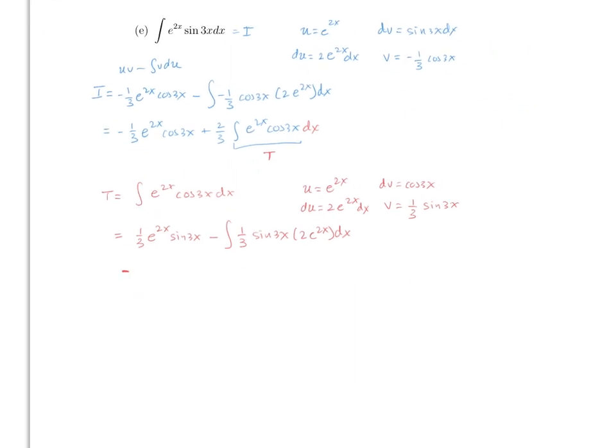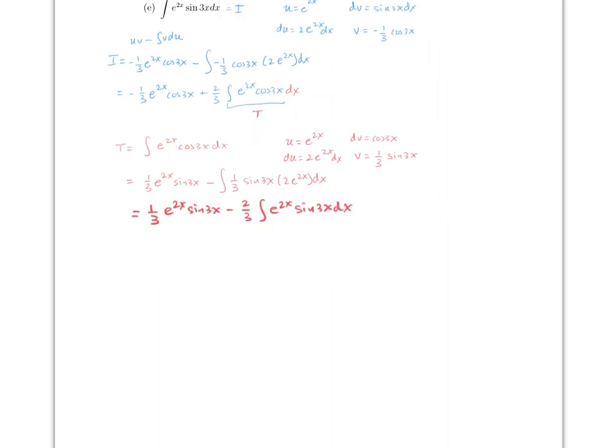So therefore, so far you have 1/3 e to the 2x sine 3x minus 2/3 e to the 2x sine 3x dx. So therefore, so far, what you have is this.